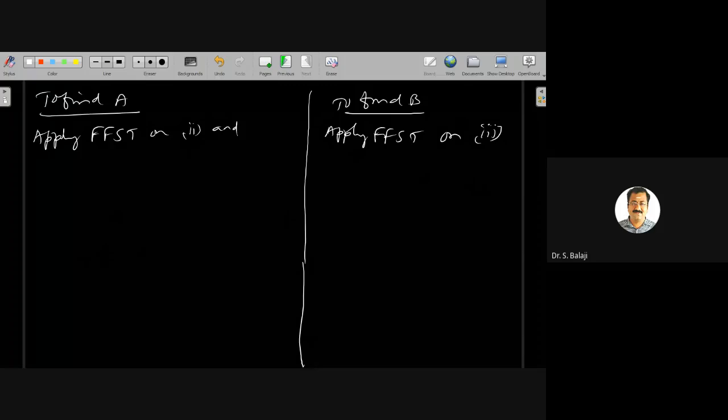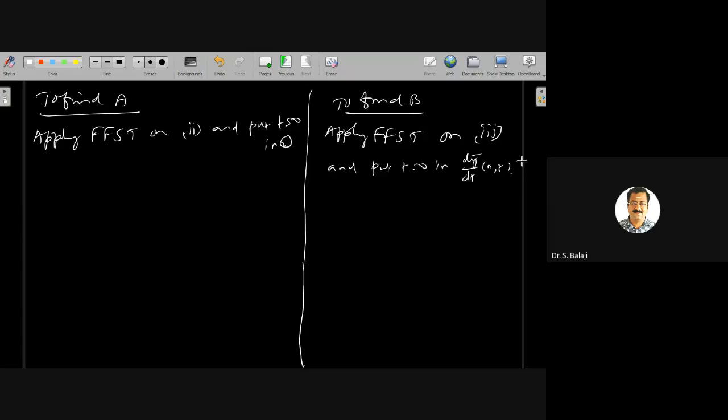And put t equal to 0 in 2. Put t equal to 0 in the derivative dy bar by dt of n comma, from 2, and put t equal to 0 in dy by dt.